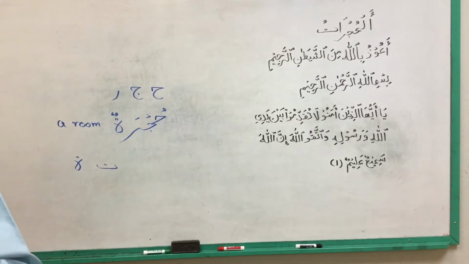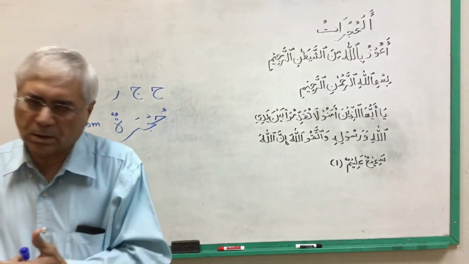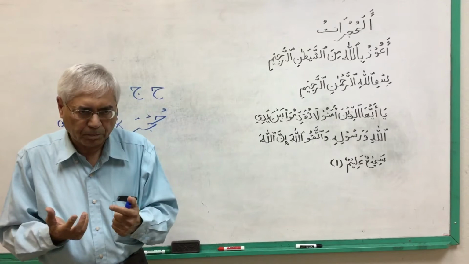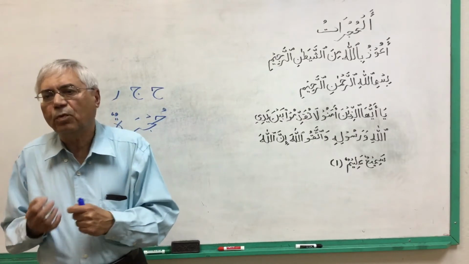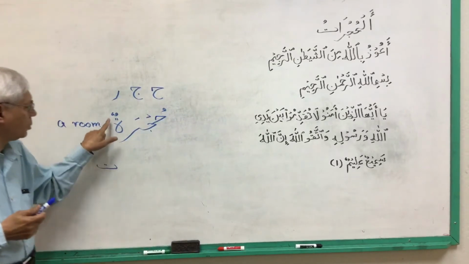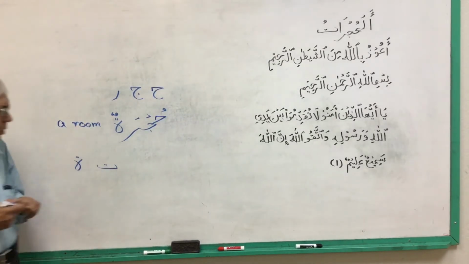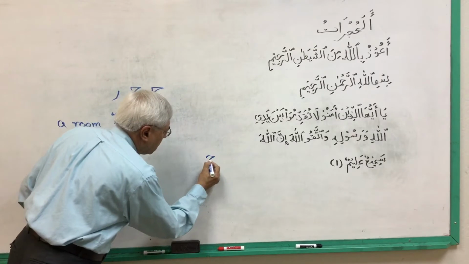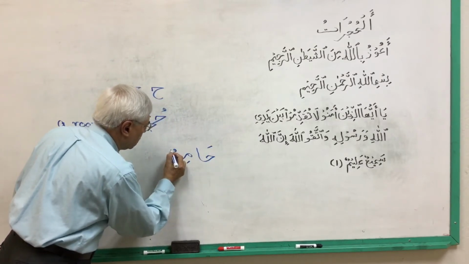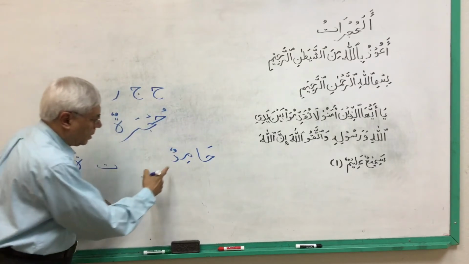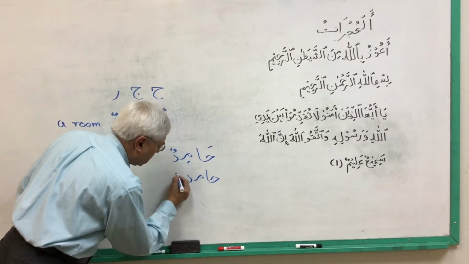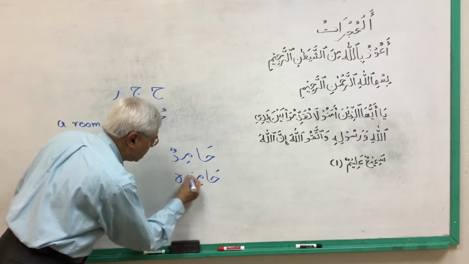Okay, for example, the word is Hamid, a man's name, Hamid. Actually the full name is Hamidun, always with the two dhammas. So the full name is Hamidun. And if I want to make the feminine name, this will be Hamidatun.